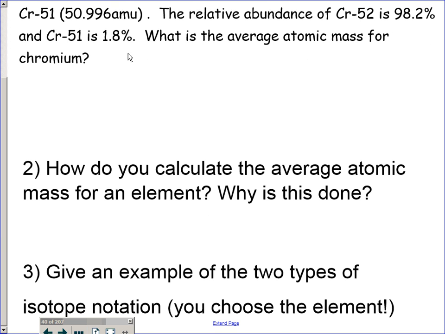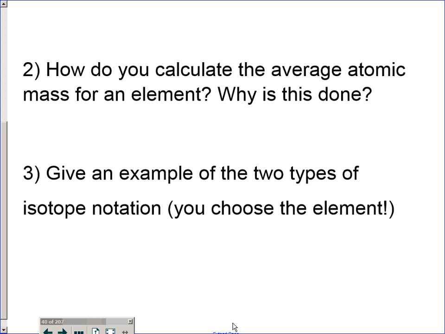All right, I'm going to scroll down a little bit to question 3. Try to choose something different than your partner nearby.